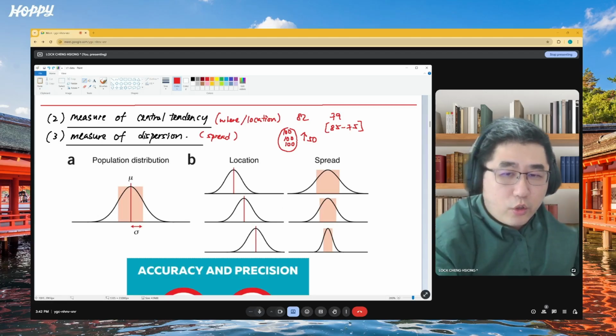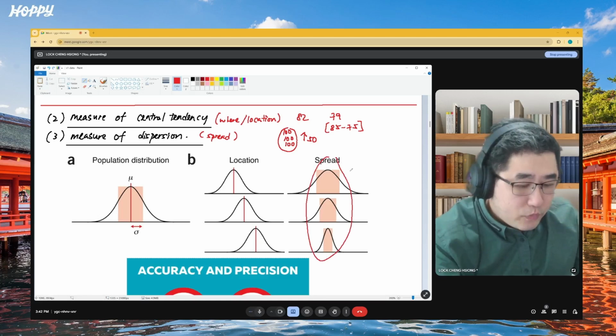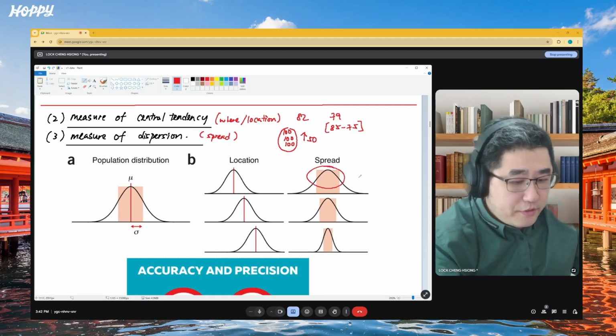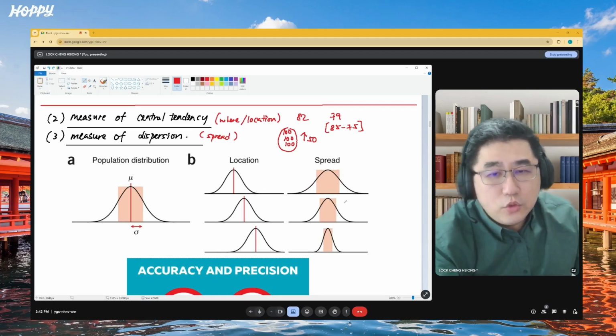In the second, we can see which one is more concentrated and which is more spread. So these are the first two things we want to summarize when dealing with data: location and spreadness.